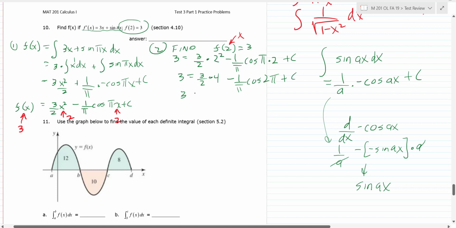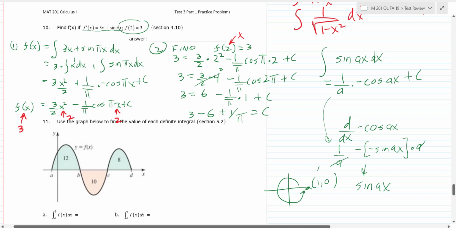This would be 3, this is 6, 4 over 2 is 2, and then the cosine of 2 pi is 1, because on a unit circle, 2 pi means 1 lap around the circle. Cosine's the x value, so that's 1. So we're going to now just solve this for c. We'll do 3 minus 6 plus 1 over pi equals c. I'm just subtracting 6, adding 1 over pi to both sides.